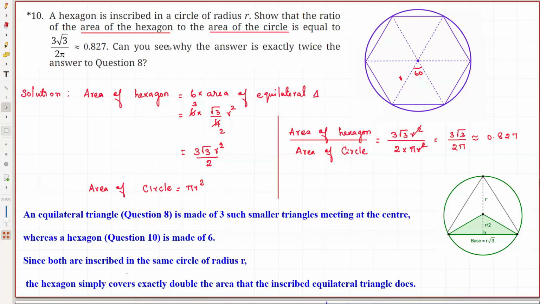Here 3, here 6. 3 twos are 6, so 2 times this. Here we get 3 equilateral triangles, here 6 equilateral triangles, so that is exactly twice question number 8. Hope it's clear.